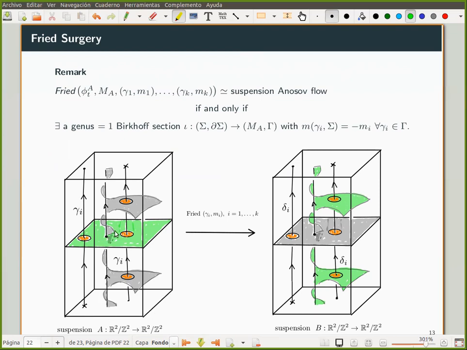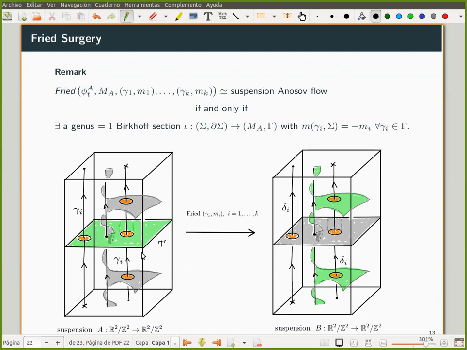Here in the figure on the left, this represents a torus T2 times an interval where the top and the bottom are glued together using some Anosov matrix A. So it represents a suspension Anosov flow. And in this suspension Anosov flow, we have some global transverse section that we call T, and it's shaded in green.